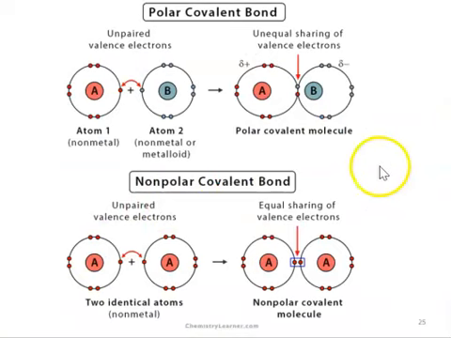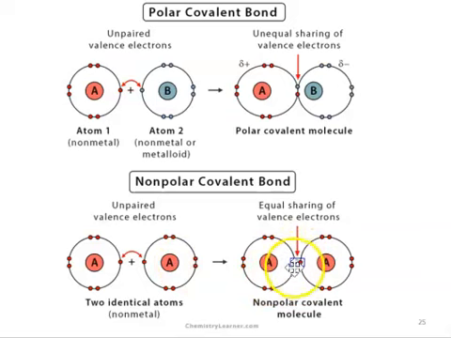So let's think a little bit more about polar versus nonpolar covalent bonds. I'm going to start at the bottom with nonpolar covalent bonds because we just looked at an example of that. So here we've got two atoms. We're just using A and B in this figure, nothing specific to a particular type of atom. But these two atoms are forming a single covalent bond.